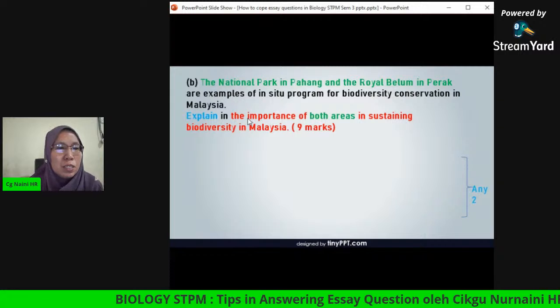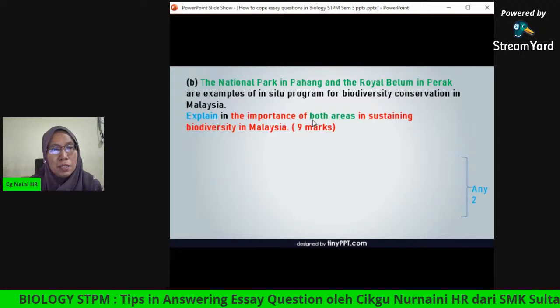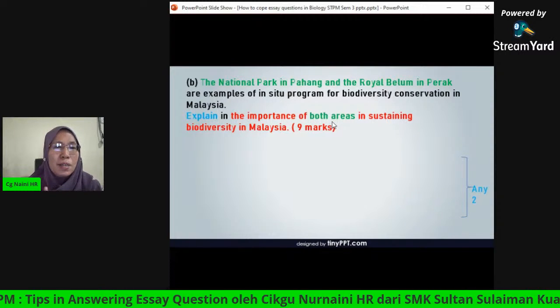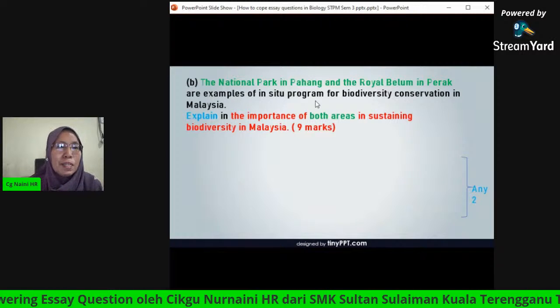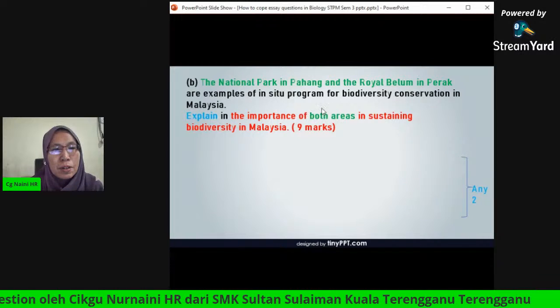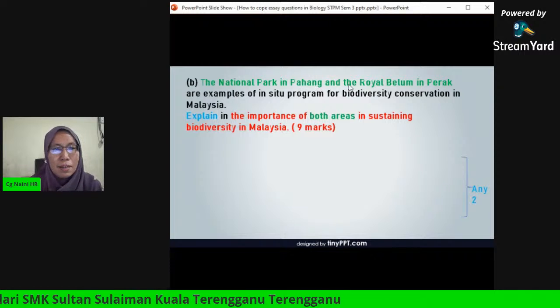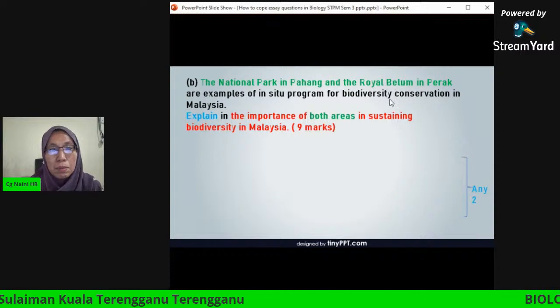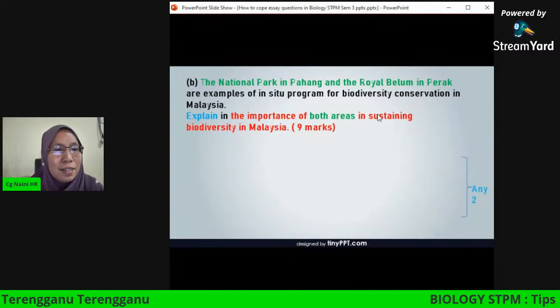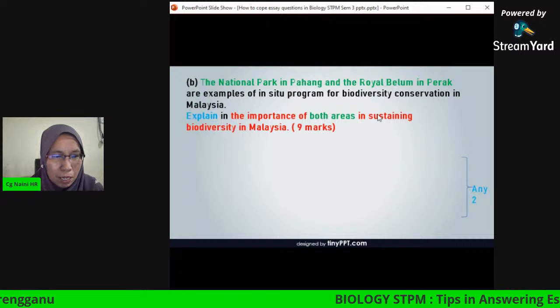So you must know what is the importance of both areas and then explain the importance. That means the importance of National Park in Pahang and also the Royal Belum in Perak in sustaining biodiversity in Malaysia.